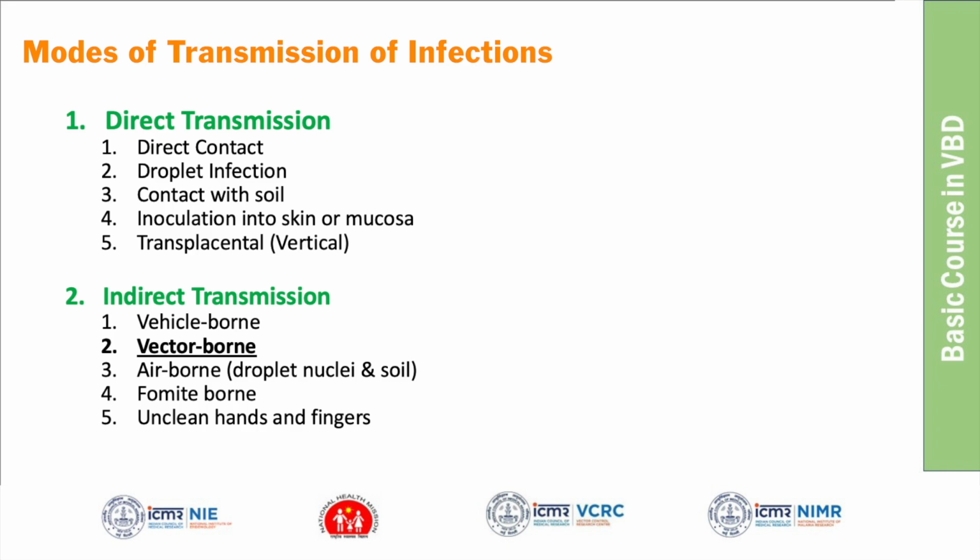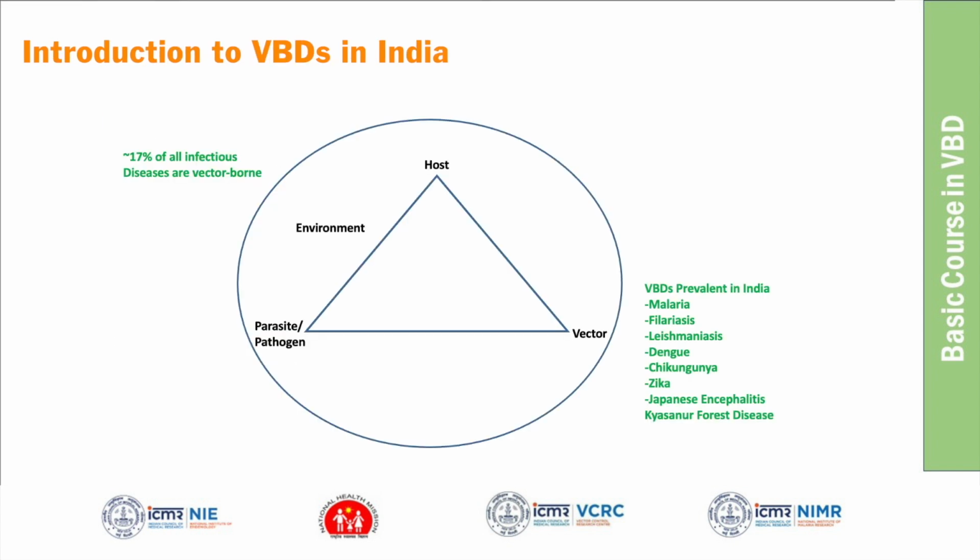I hope this is clear. So we will focus on vector-borne disease. Out of total infectious diseases, the vector-borne diseases constitute about 17% as per the World Health Organization. The prominent vector-borne diseases in India are malaria, filariasis, leishmaniasis, dengue, chikungunya.